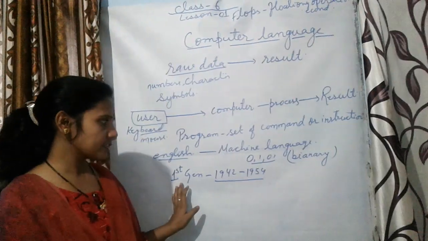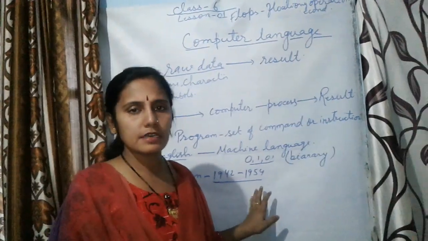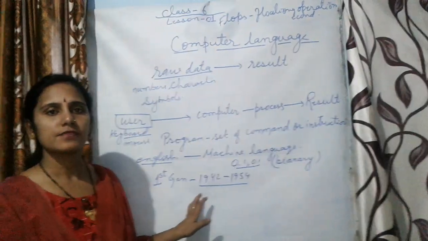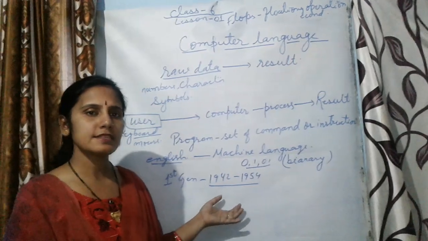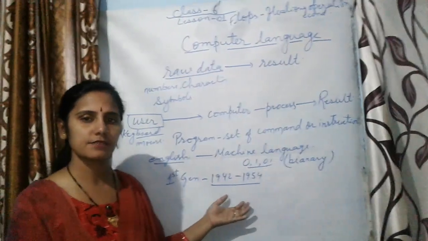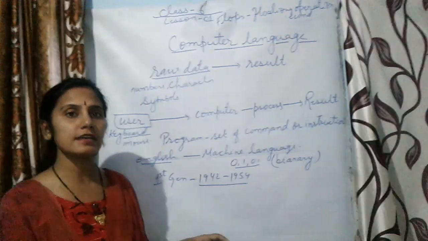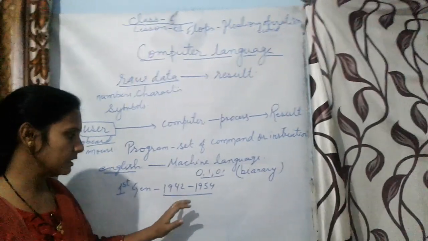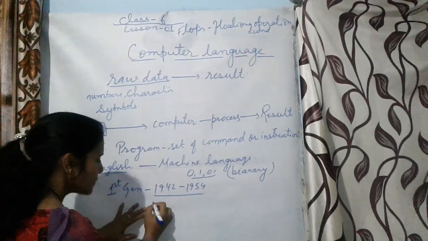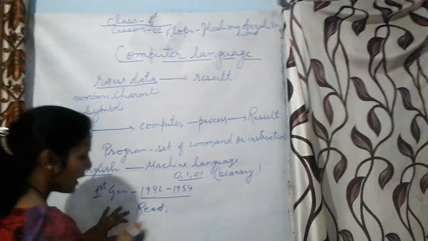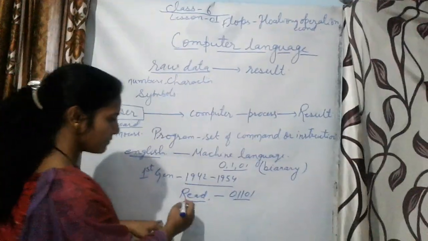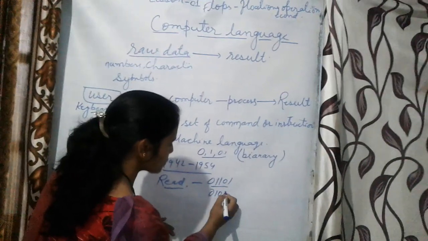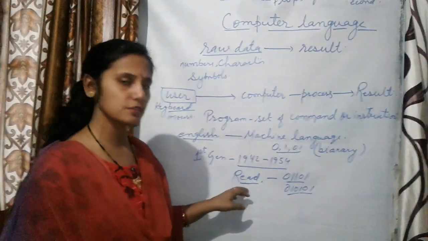So if we are using a first generation language, that means if we are writing program code and suppose we have made a mistake, it is very difficult to find the error. Normally, if we write "read" in binary language like 0101, and by mistake we write 010101, can we find the problem?